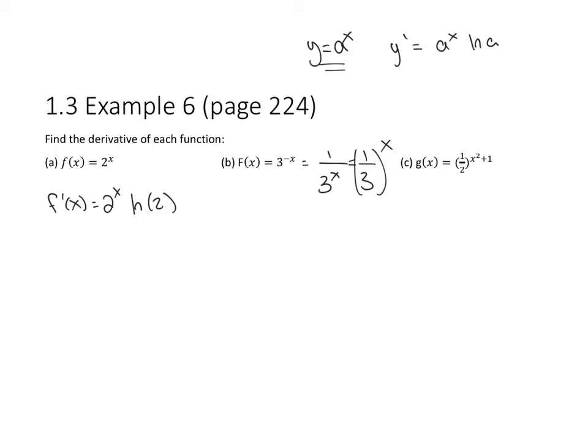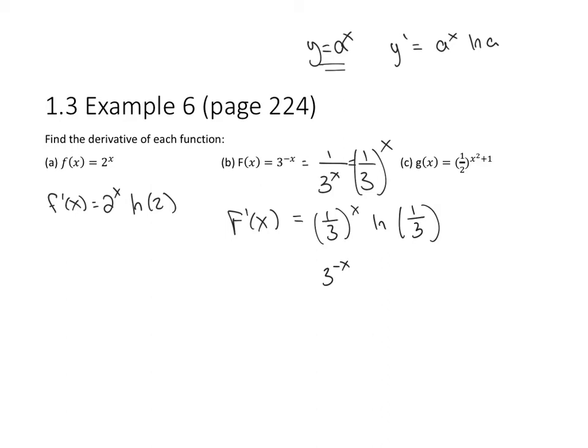So now let's take the derivative. My f prime of x equals (1/3) to the x times the ln of 1/3. All right, so we can clean this up a little bit. We can make this 3 to the negative x. And let's talk about our ln rules.